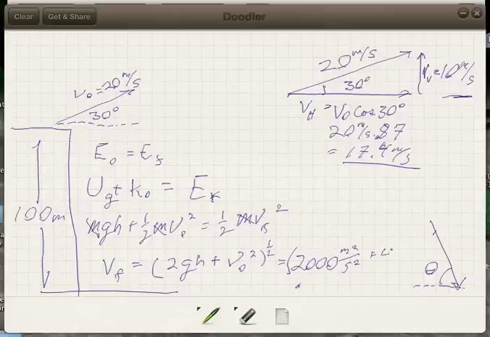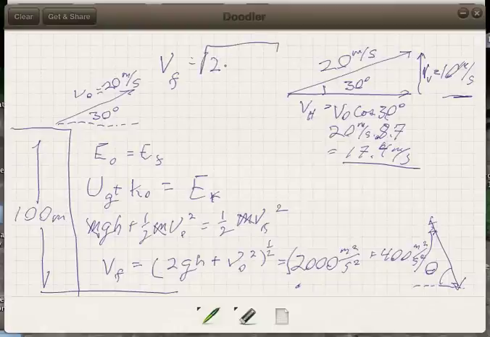That will give you 400 meters squared per second squared. Okay? So v final is equal to the square root of 2,400 meters squared per second squared. We like the units because the square root of meters squared per second squared is meters per second.